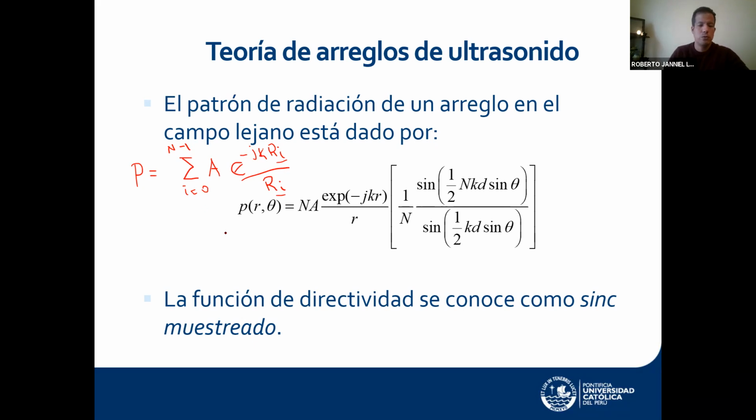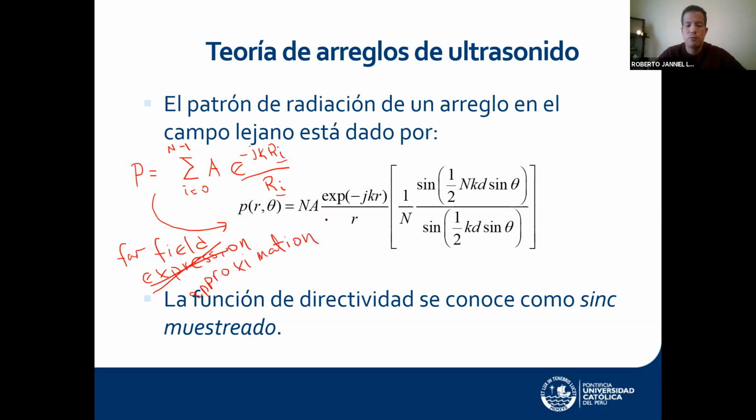If you were to actually calculate this using the far field, this of course would be the far field expression or approximation. In this case, I guess it would be more accurate to say an expression is an approximation. What you would have would be this equation over here.